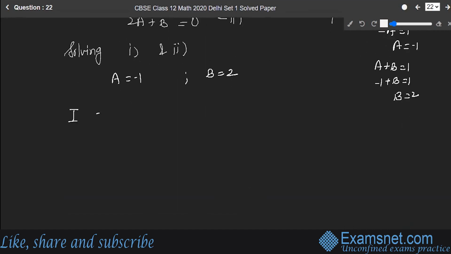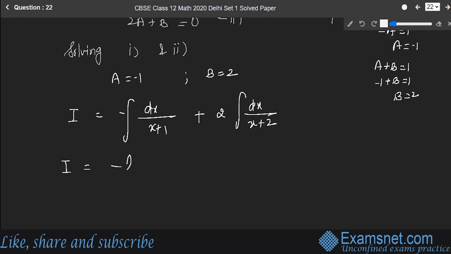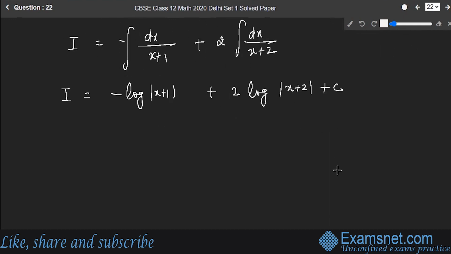So here the integral I becomes minus of dx upon x plus 1 plus 2 into dx upon x plus 2. So I will be equal to minus log of mod of x plus 1 plus 2 log of mod of x plus 2 plus c.